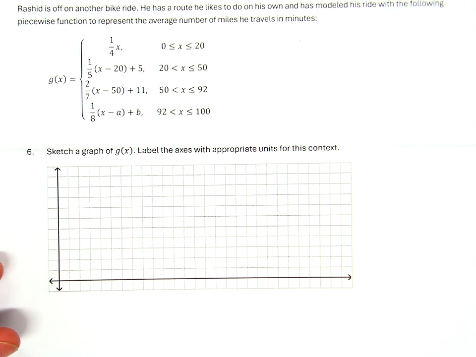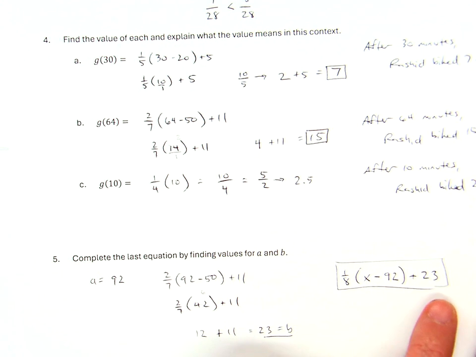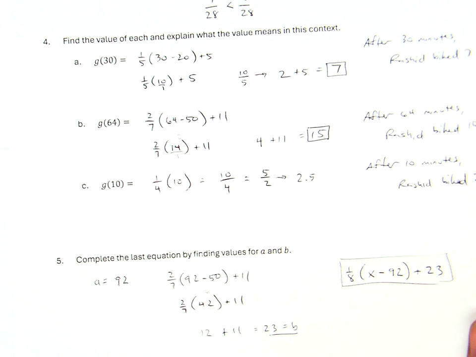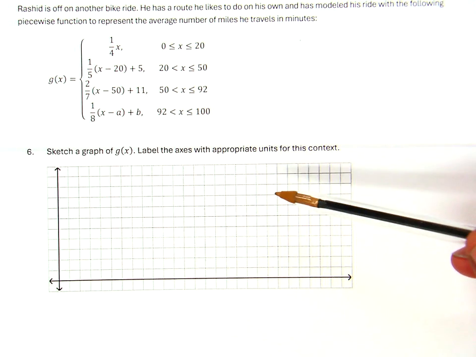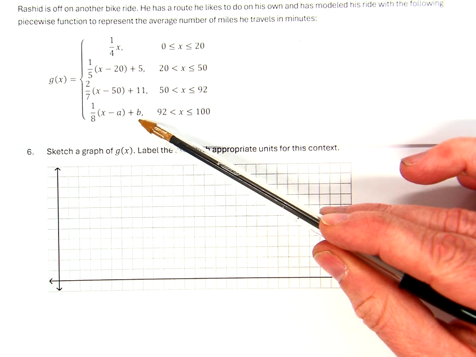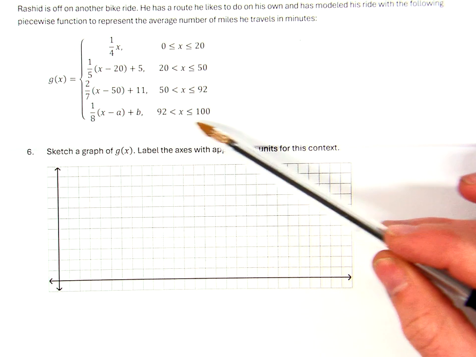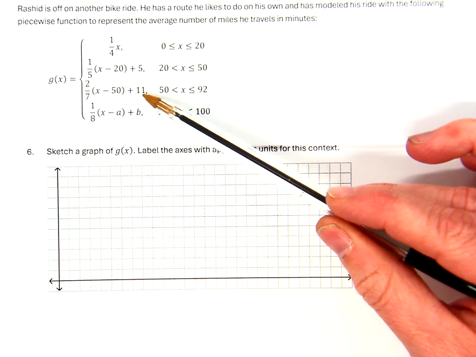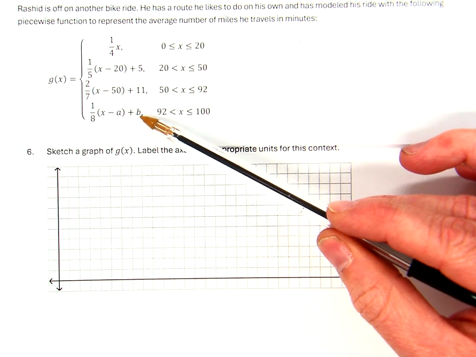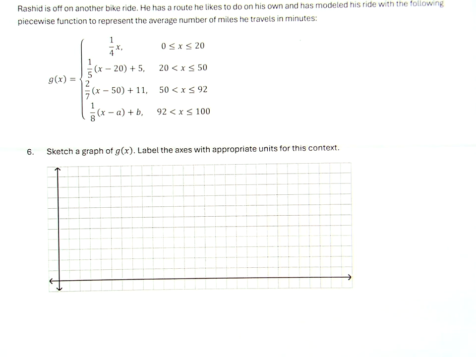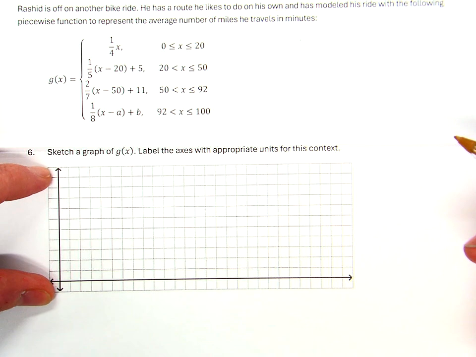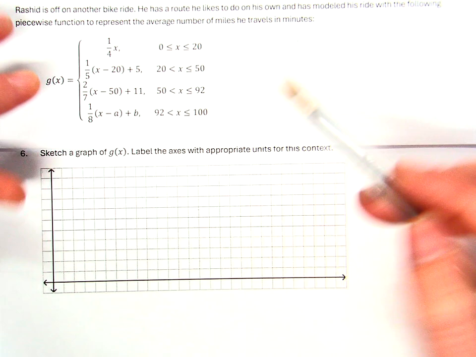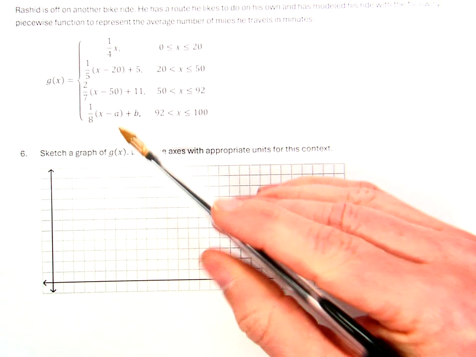On the last one, we said that the function goes all the way up to 23, which means the highest this is going to go is 23 plus a little bit more, because 23 is where the previous piece ended. We need to know how far this one goes up before it ends. So we could plug in 100 and see how high this one goes.